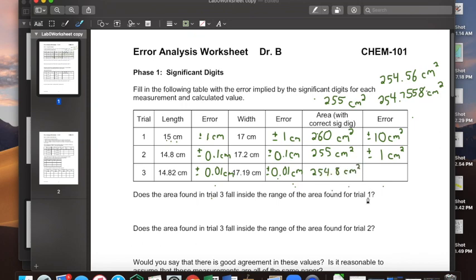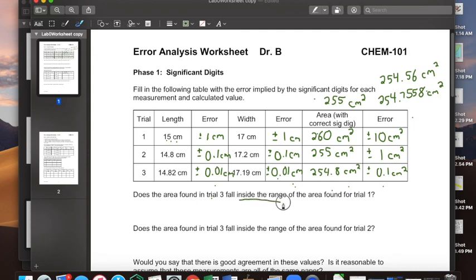We will keep 254.8 centimeters squared, meaning that this 0.8 is where our uncertainty is. The 8 is uncertain, and so that means a variation of 0.1 centimeters squared. It could be 254.7, it could be 254.9. So this is plus or minus 0.1 centimeter squared.